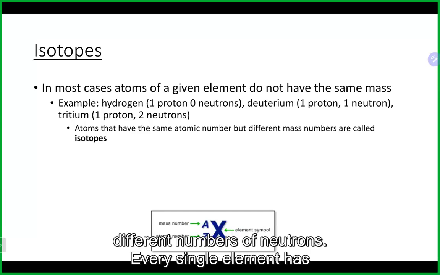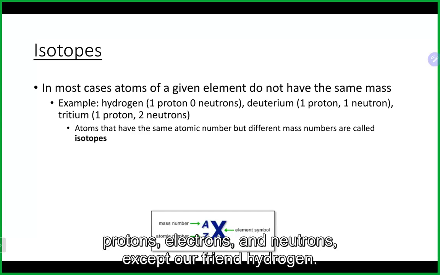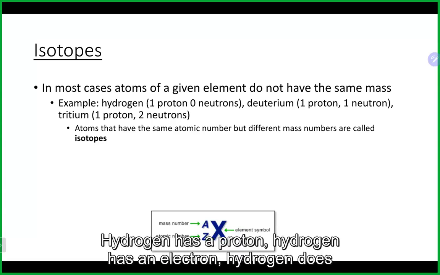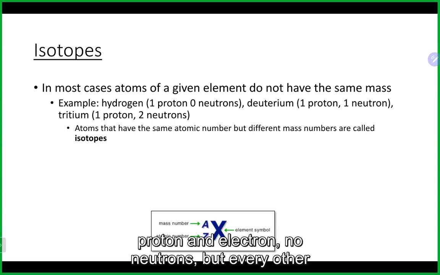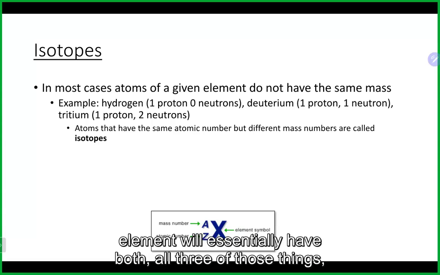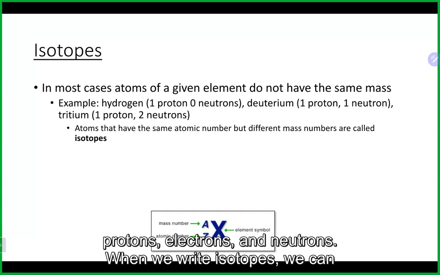Every single element has protons, electrons, and neutrons except our friend hydrogen. Hydrogen has a proton and an electron, but no neutron. Every other element will have all three: protons, electrons, and neutrons.